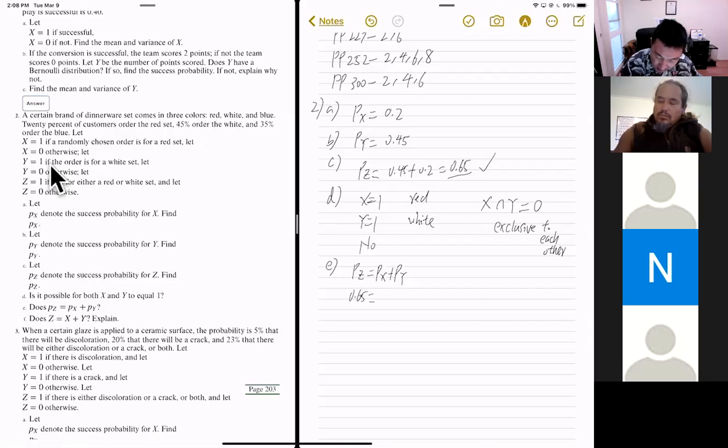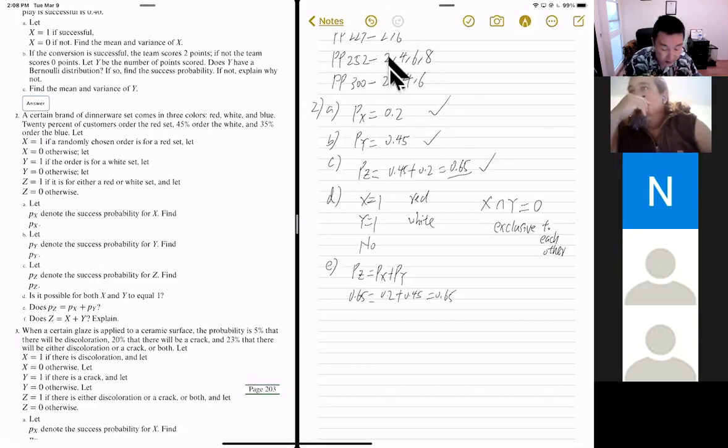Okay, and Px is from part A, 0.2, and Py is from part B, it is 0.45. Okay, so it turned out, yes, Pz is equal to Px plus Py.